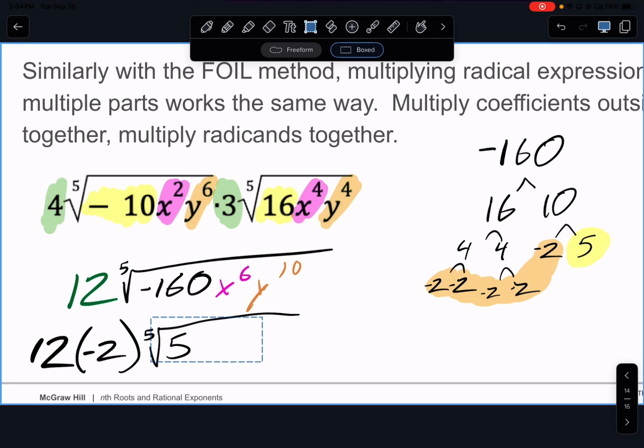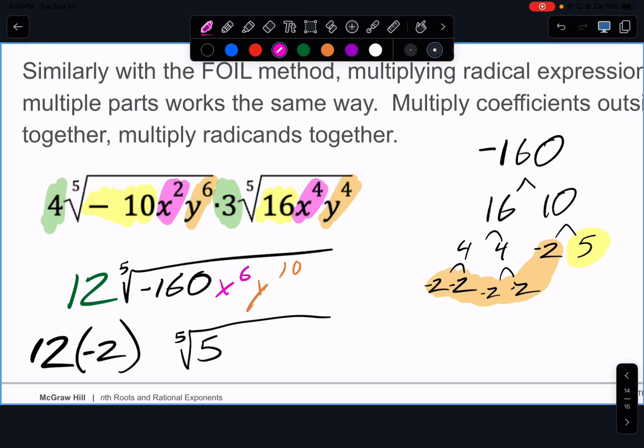So I need to move my radical over here. It goes in 1 time, so I'm going to take 1 x out and put it right here, but I have 1 left over on the inside. Same thing with my y's. How many times does 5 go into 10? Twice. So I'm going to have y squared on the outside, and no y's left on the inside.